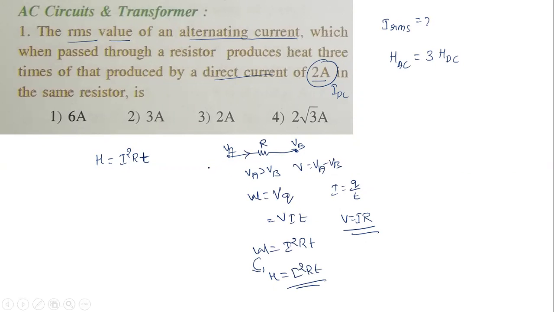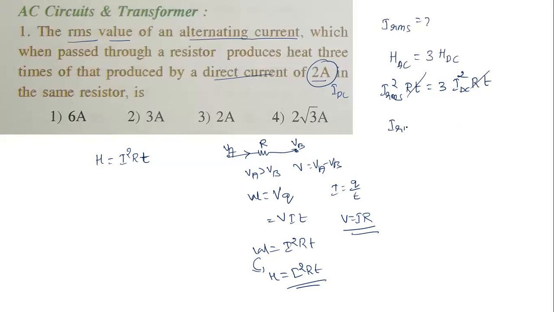That's the thing we are going to take. So with this, heat produced by AC, that is I RMS square times R into T, is equal to 3 times I DC square times R into T. Here R and T are going to cancel.